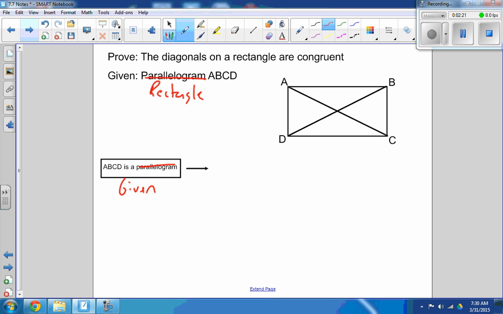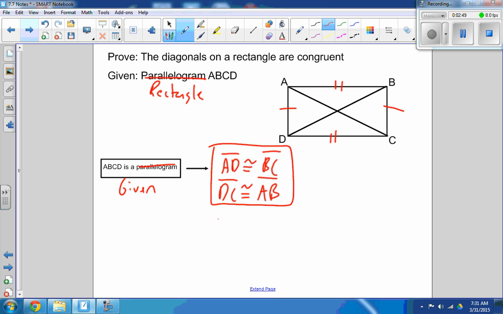So, given that, we know that AD is congruent to BC, and then DC is congruent to AB. That is a property of a parallelogram.